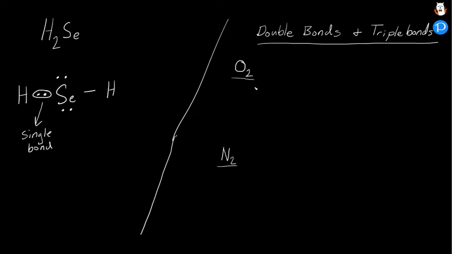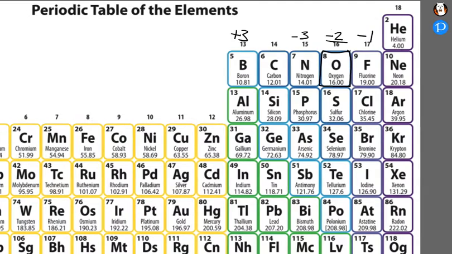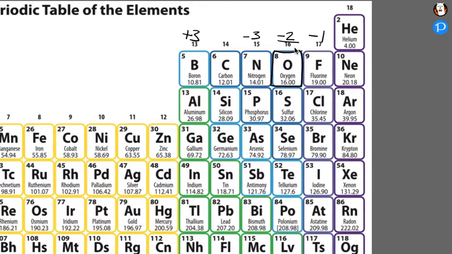Let's talk about this. So let's look at an O2 molecule, a molecule that is composed of 2 oxygen atoms that are bonded together. If we draw the Lewis dot structure for oxygen, if we go to the periodic table and we find oxygen, since it's in the 16th column here, we know that it has 6 valence electrons.